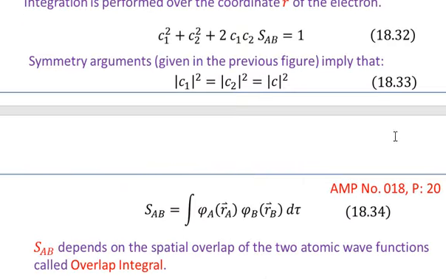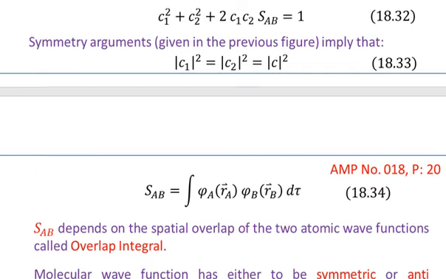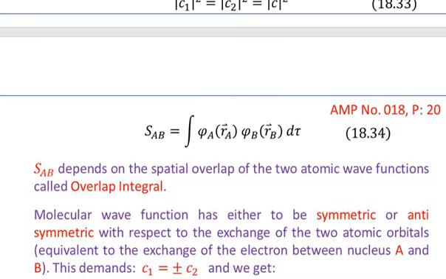And this S_AB, as shown in equation number 32, is actually the integral of phi A of r_A into phi B of r_B d tau. S_AB depends on the spatial overlap of two atomic wave functions, called the overlap integral. You know that when we defined S_AB, it is a product of the wave functions phi A and phi B, that is, it is the overlap integral of the two atomic wave functions.